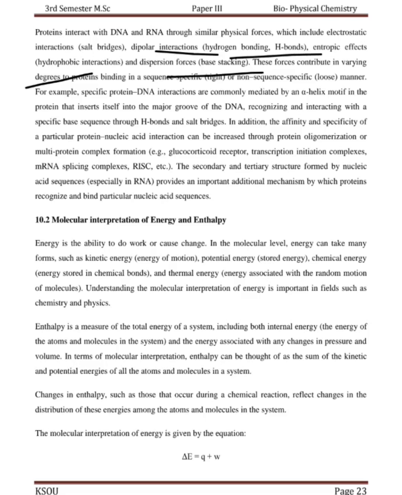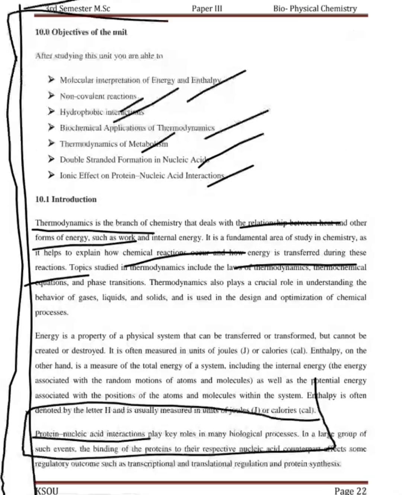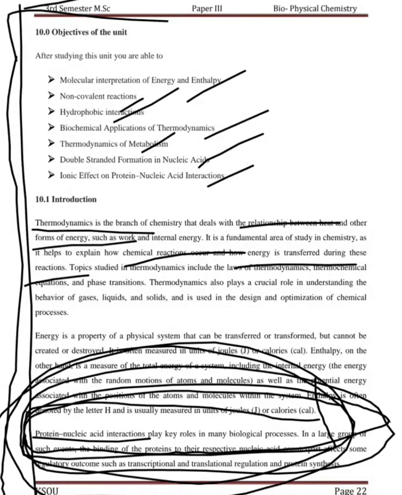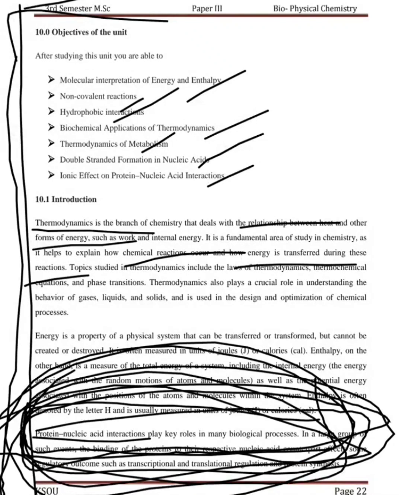So these are the interactions which will be formed when the protein reacts with the nucleic acids. When protein gets in contact with the nucleic acid, they play a key role in many biological processes.